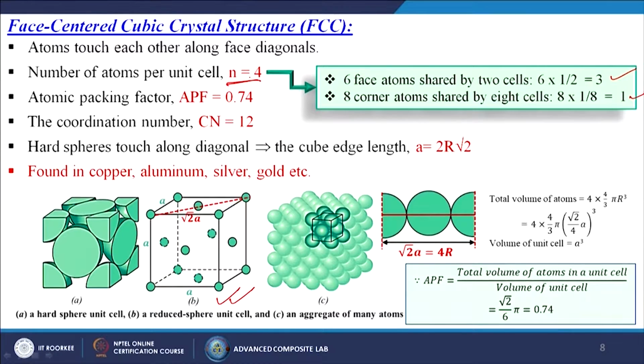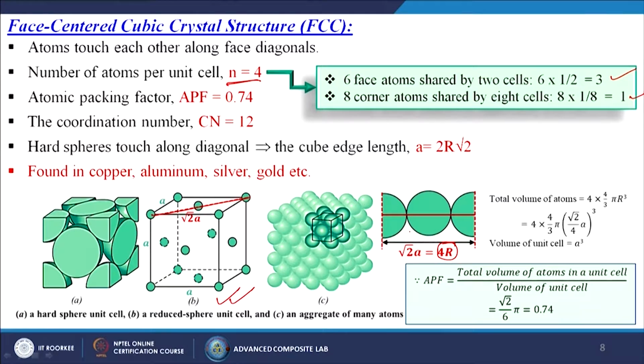Now, what is the atomic packing factor over there? If we see, we are doing the same thing. Now, we are just going to take the distance from this point to this point. What is that? Same thing, it is half, then full, and then half. So, r, then 2r and r. So, in total it is 4r.